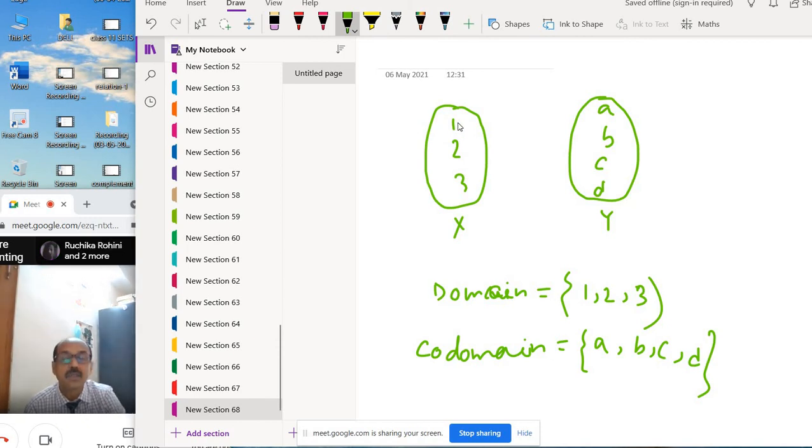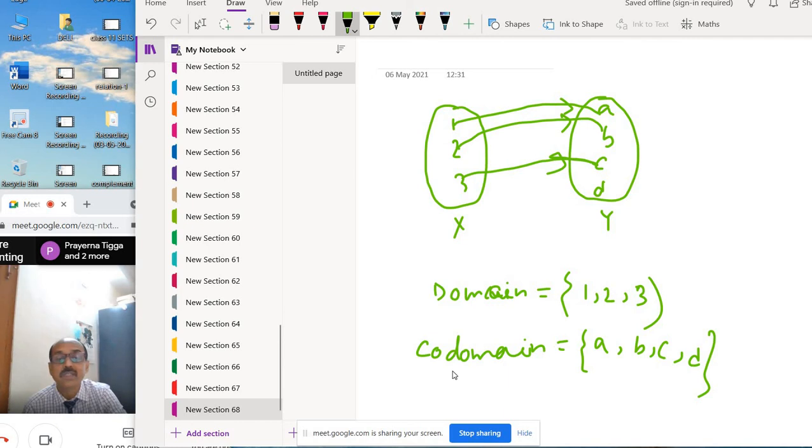Now range. So 1 is an element, its image is A. 2 is an element, image is B, and 3 is an element, image is C, and one element, D, is left, which has no pre-image.